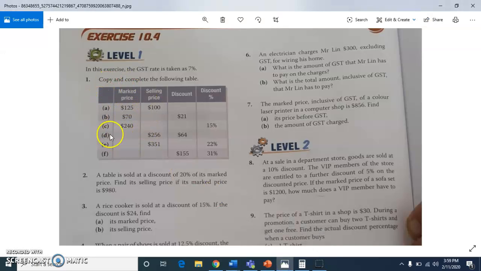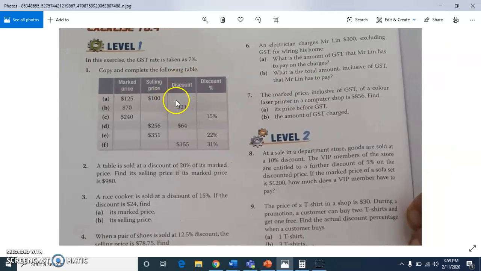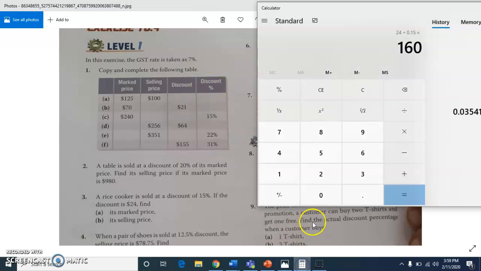When you walk into a store and you see a table with the price of $125, that is the marked price. But then when you buy it, you only pay $100, meaning that the discount was $25, and then that is a certain percent. So how would we find that out?